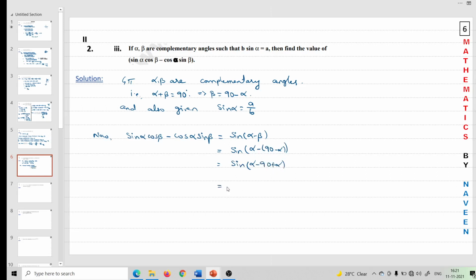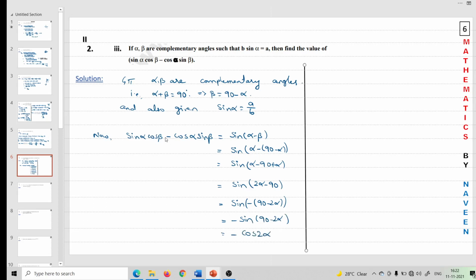Clear? That equals sine of 2 alpha minus 90, right? So we can write it as 90 minus 2 alpha, with minus common. Sine of minus theta is minus sine theta, so it equals minus sine of 90 minus theta, first quadrant, so we can write it as cos 2 alpha.